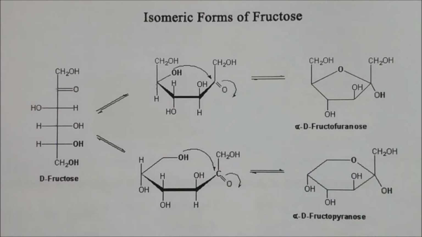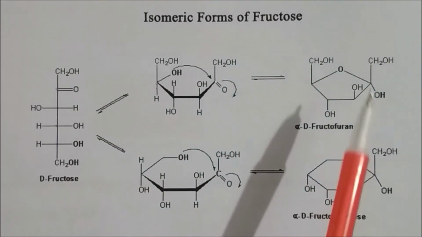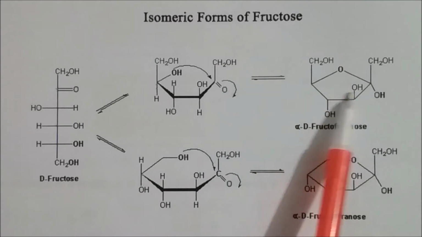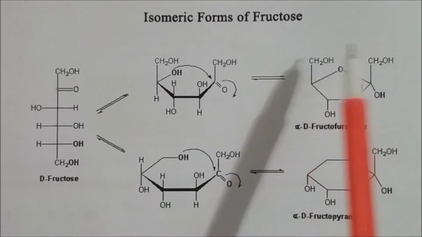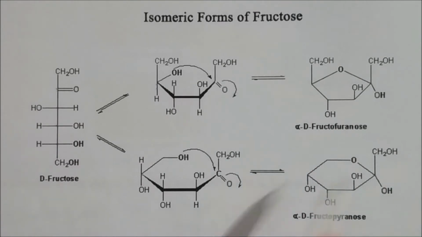These are the isomeric forms of fructose, and we have discussed that the furanose is more frequent than the pyranose. This is less, this is more frequent, but both are possible.